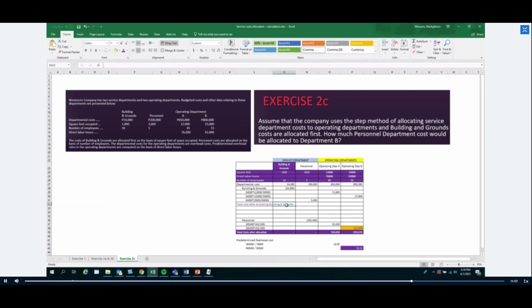Magkano yun? Siyempre, inallocate na natin si building and grounds. So, 0 na siya. Si personnel, from 200,000, merong additional 5,400. So, yan. Okay?